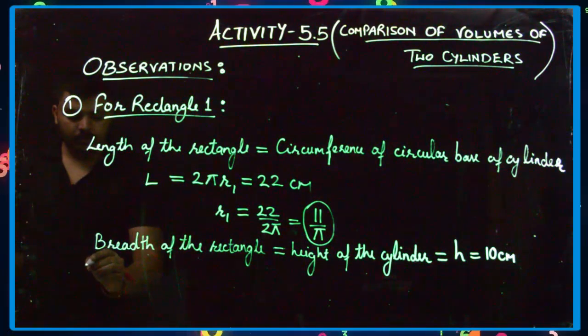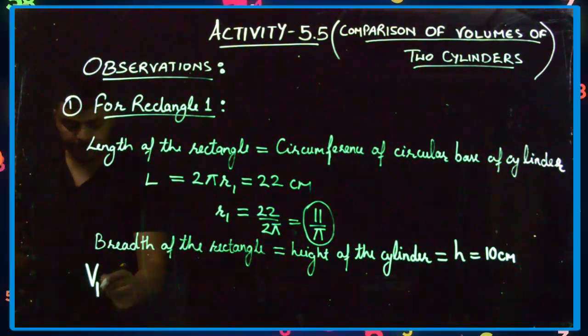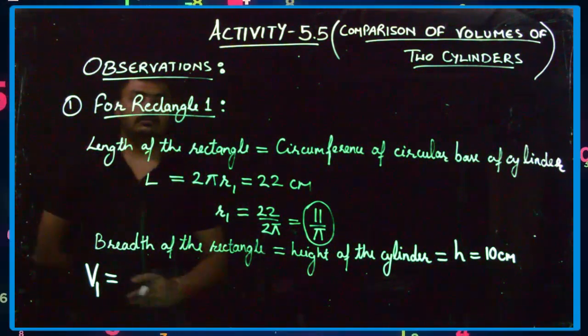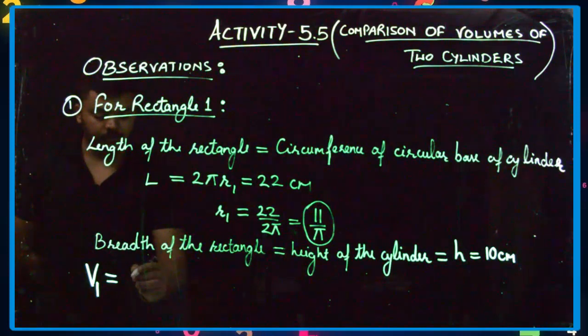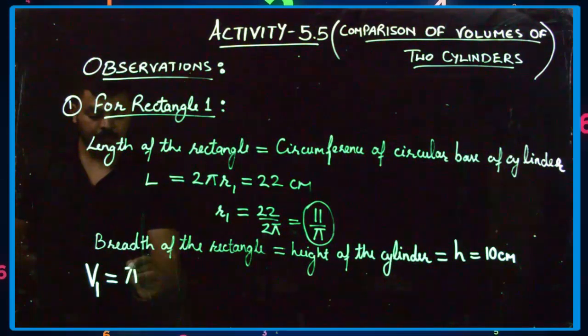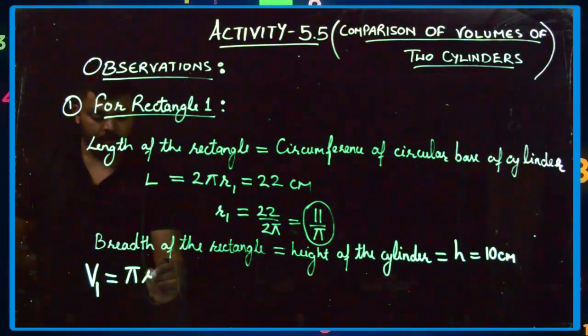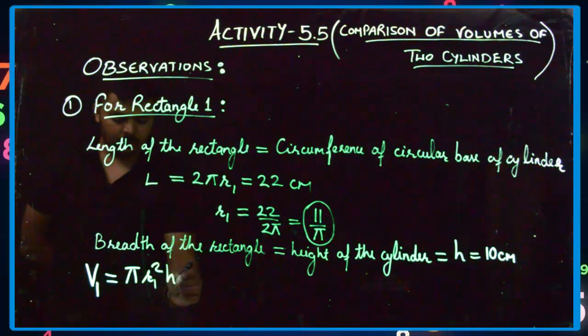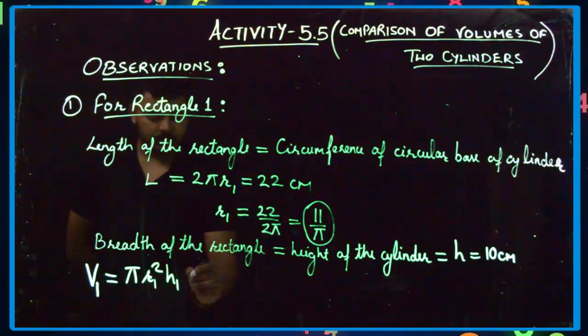Now we know volume V1 of the cylinder formed by rectangle 1 is equal to pi R1 square H1.